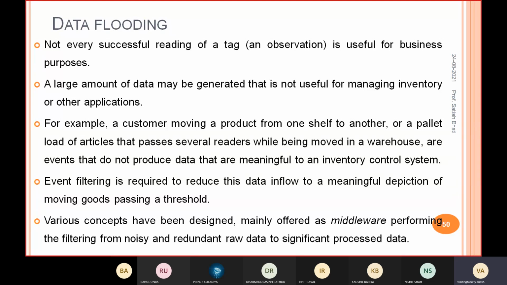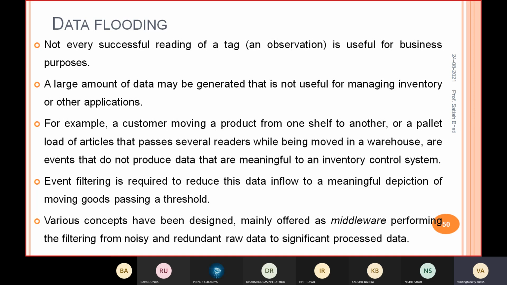So we need some arrangement, like filtering. Event filtering is required to reduce this data inflow to a meaningful description of the moving goods and passing a threshold. So we need some filtering, some arrangement, like how we can manage this data. And that's why we have introduced this middleware, RFID middleware.